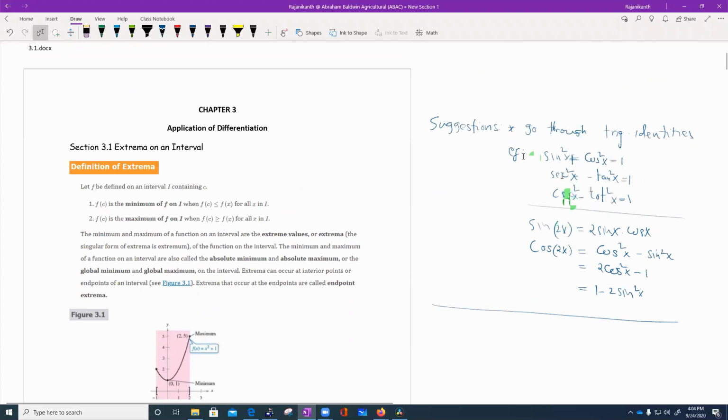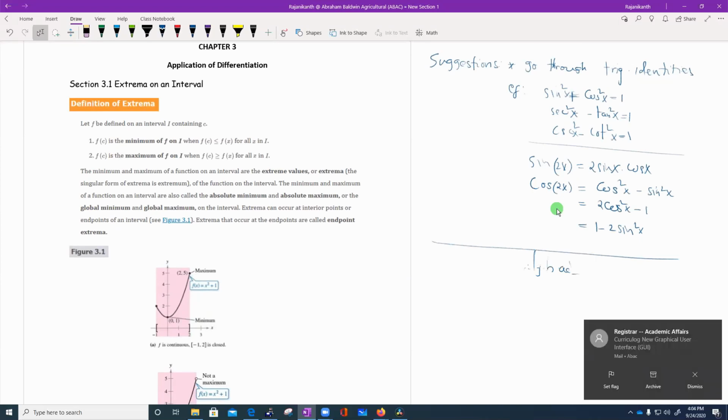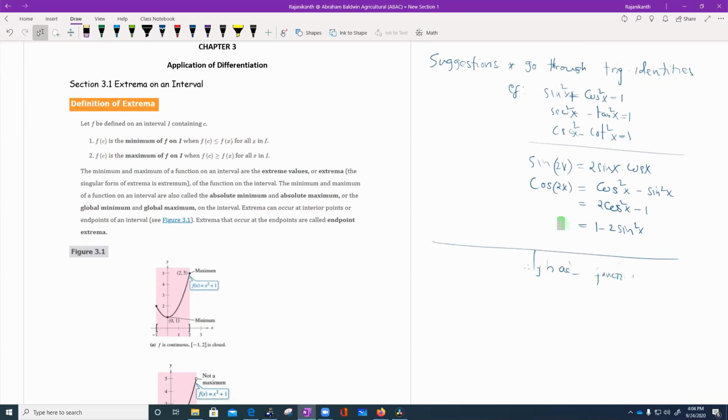A similar concept can be applied for algebraic functions as well. You should know how to simplify two algebraic functions. For instance, 1 over x minus 2 plus 1 over x minus 2 whole squared. How do you simplify these two?